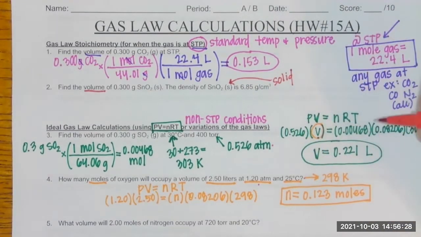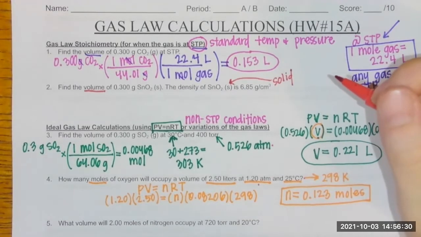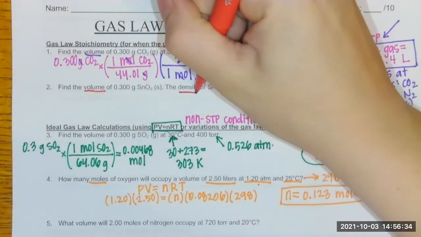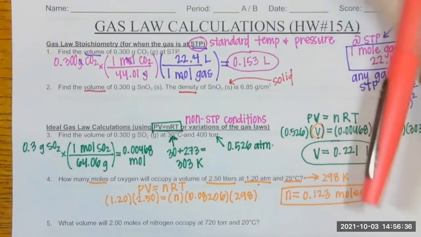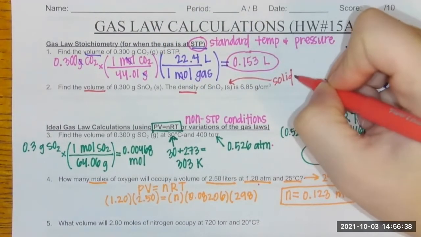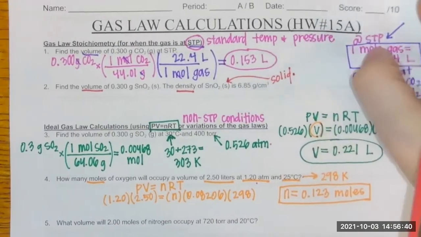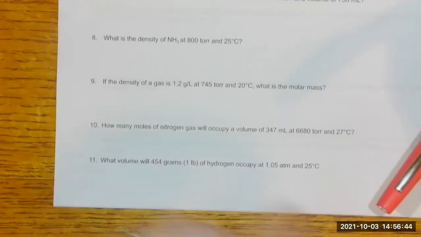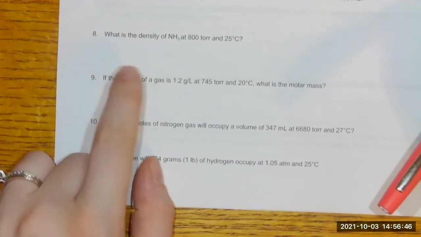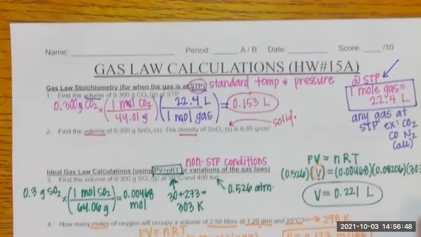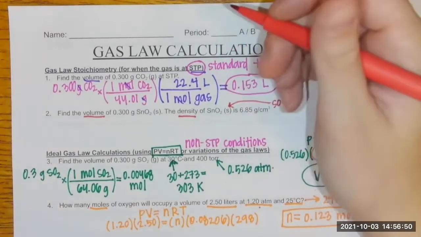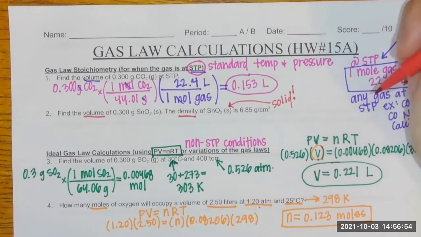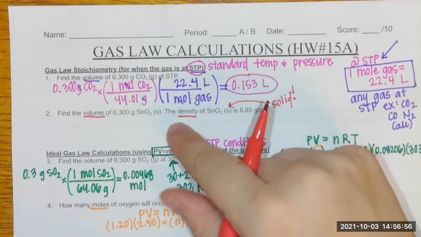So if that was throwing you off a little, I understand. But the point I wanted to make with this one is that we have to find the density. And I want to show you that finding the density of a solid, which you're used to, is no different than finding, like down here, the density of a gas. So I understand if that one was a little bit confusing. This actually is not a gas, it's a solid, but same logic for calculating density.